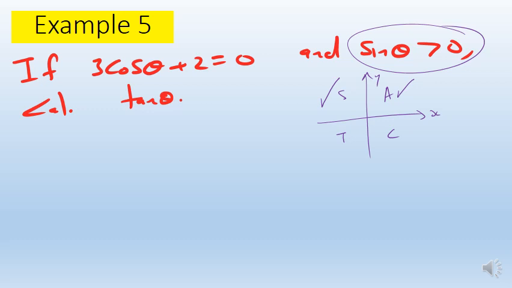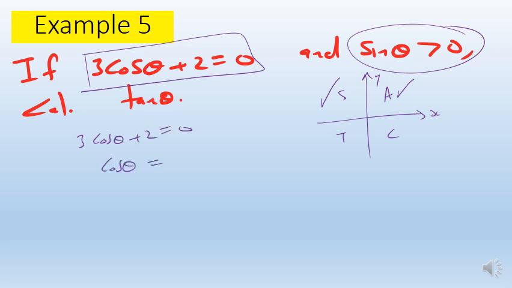So it tells me that my solution, or my angle theta, could either lie in the first quadrant or the second quadrant. Then we're given one more piece of information. 3 cos theta plus 2 equals 0. So if you have a look at that, can we not write that cos theta is minus 2 over 3?